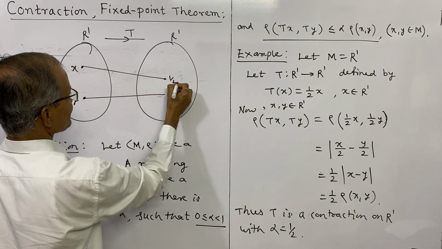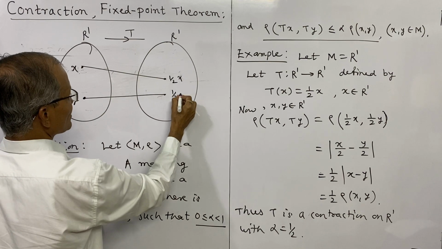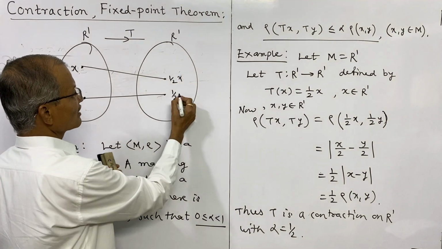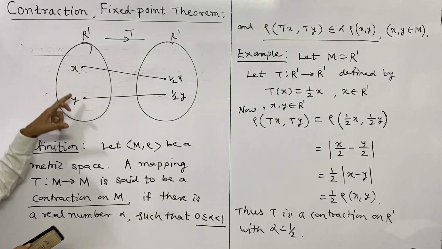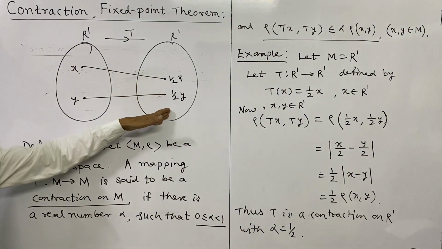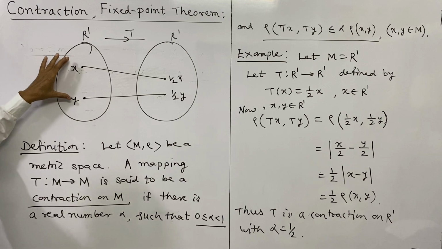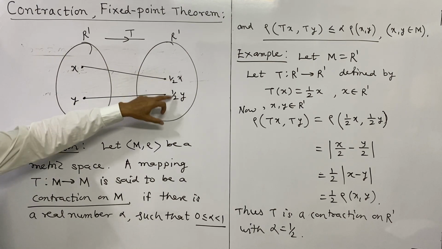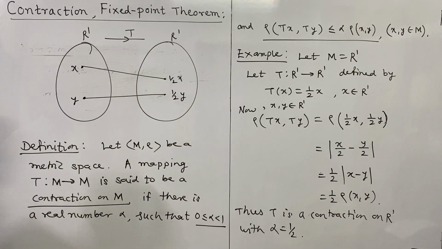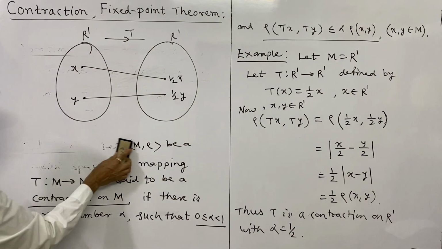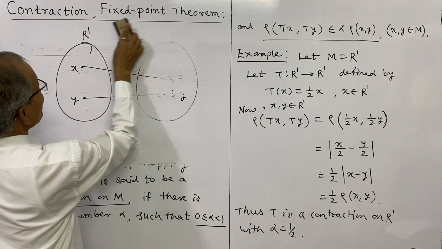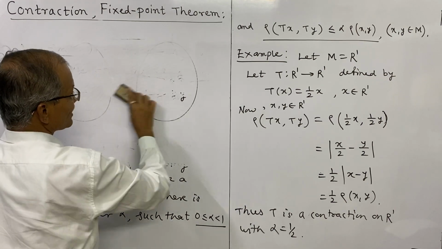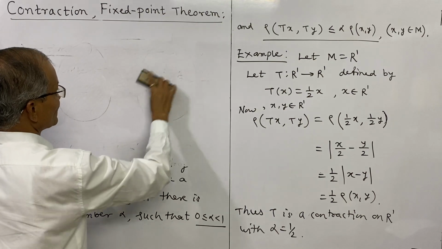It is half x and this is half y. So the distance between x by 2 and y by 2 is certainly less than or equal to the distance between x and y, because these are real numbers, and thus the mapping is a contraction. It contracts the distance between the images. So that's why this mapping is known as contraction. Now we shall consider the fixed point theorem, which is also known as Picard's fixed point theorem.